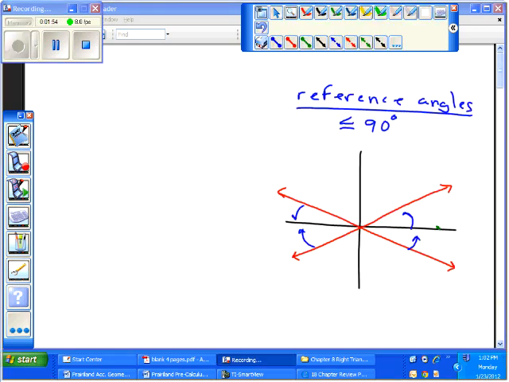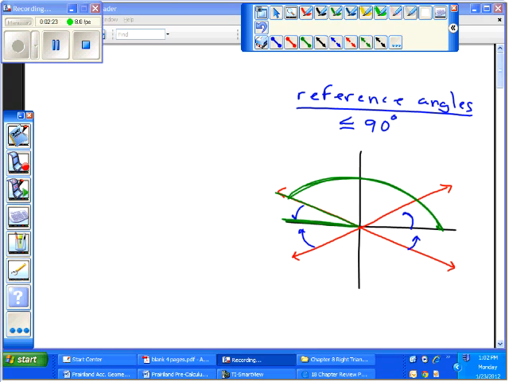If I were to start here and go all the way to here, then what I've got is an obtuse angle. But what I would like to know is what is the reference angle associated with that obtuse angle. The reference angle associated with that obtuse angle is going to be the acute angle that is formed by its terminal side and the x-axis, which would be that acute angle.